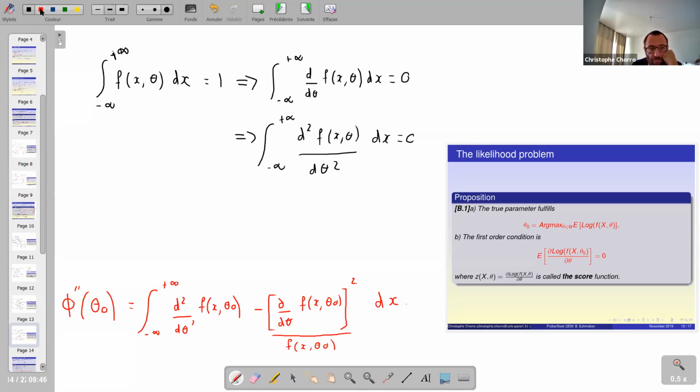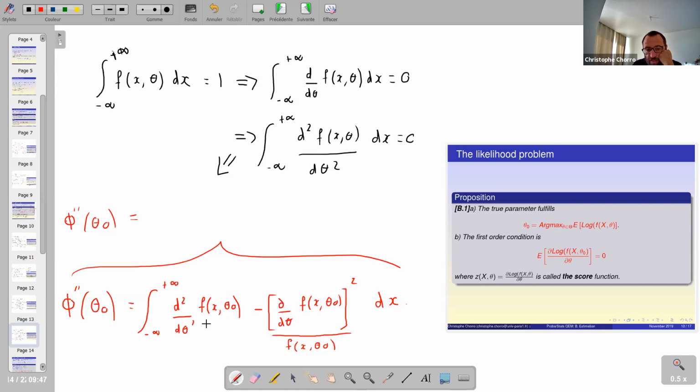So implying that, in my expression here, if I express this one, it is equal to phi second of theta 0. So from what I have done here, I obtain what? By this term, the first integral, in fact, I have two integrals, one here, and the other one with the minus before here.